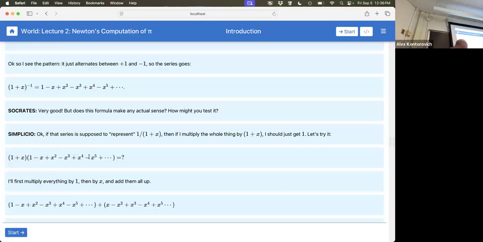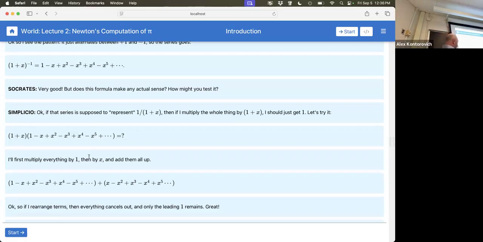Multiplying by 1 is just the series itself. And multiplying by x gives x minus x squared plus x cubed minus x to the 4th. So there's a 1 minus x plus x, minus x squared plus x squared, and so on. If I just rearrange the terms, everything cancels out. Only the leading 1 remains. Great. Everybody's happy with that.